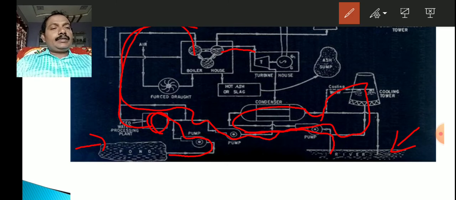Next, the last circuit, that means in both cases pond or river water can be utilized by the boiler. That is the important point you have to remember.